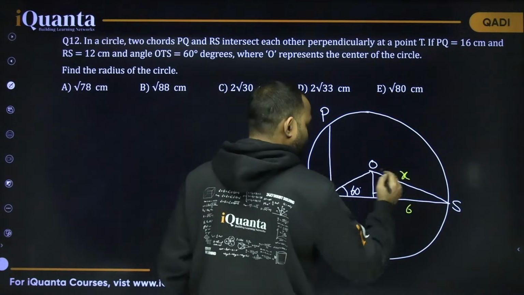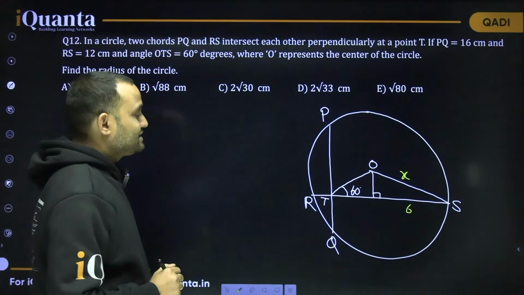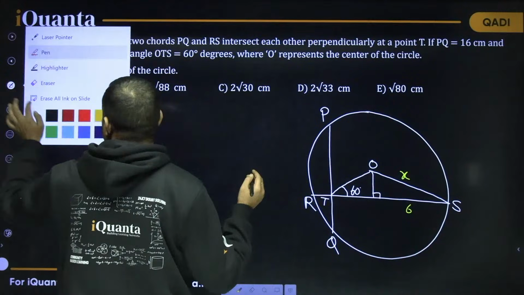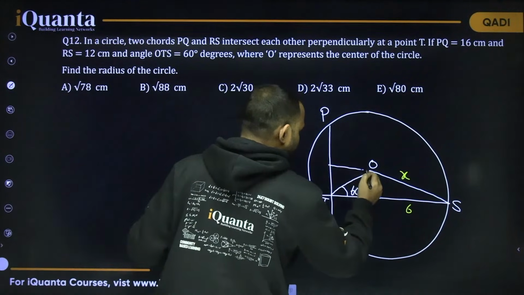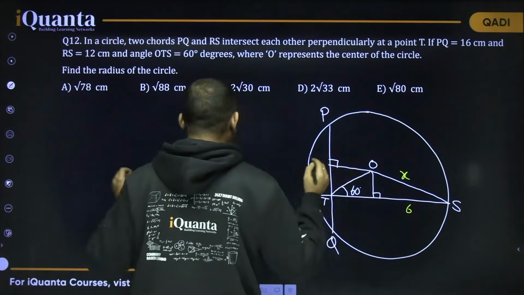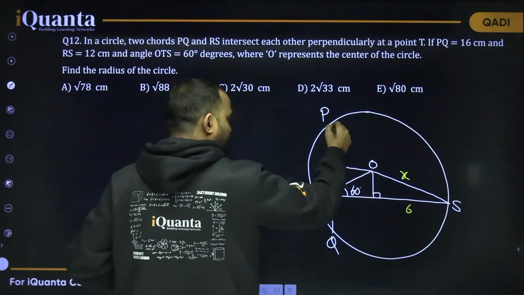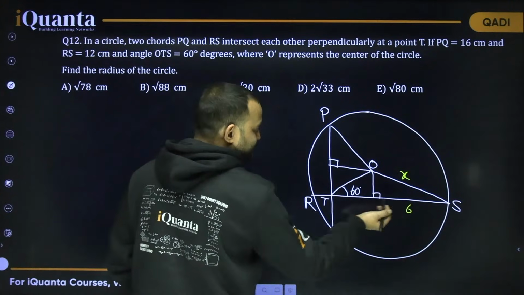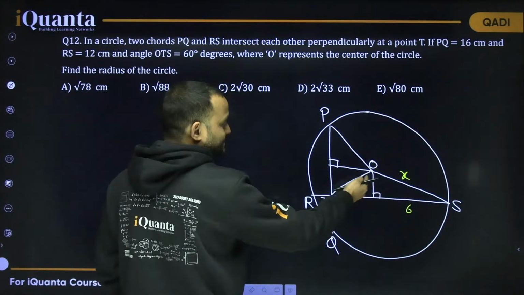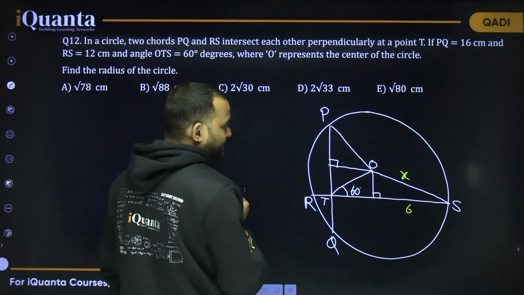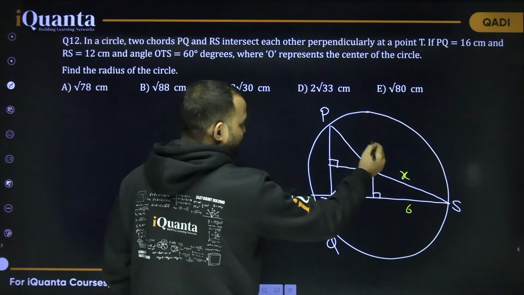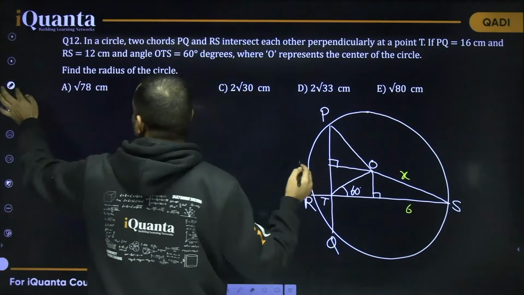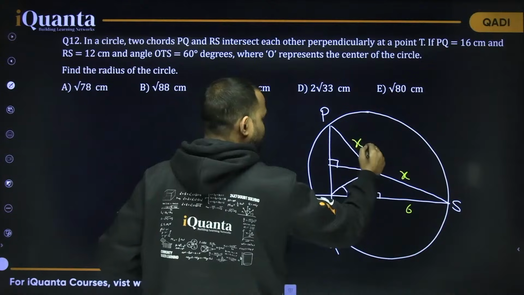This length will be X. And if I draw a perpendicular from here as well and join this, what will happen? If this is 6, this is 60, this is 30, what we can say about this length? Radius is also X here.